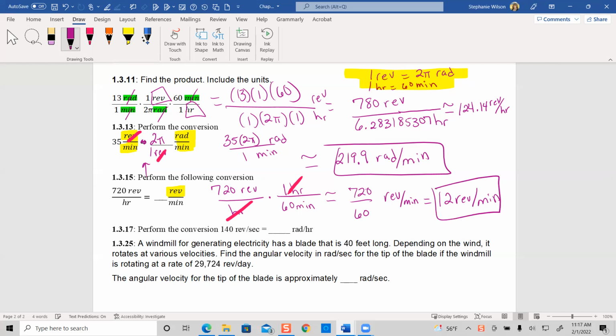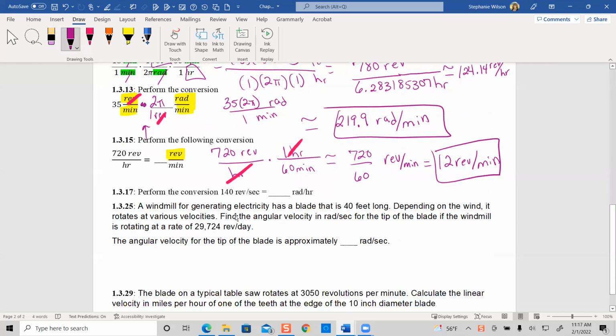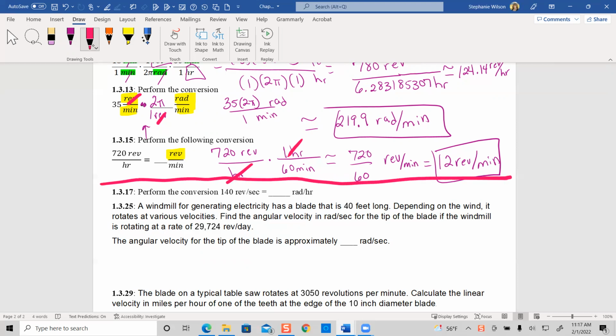All right, so let's look at the next one, and I apologize, I didn't give myself a lot of room to write on here. On this next one, the 140 revolutions per second, we're going to go to radians per hour. So we're going to have to do some work. Let me just draw a line here and see if I can separate and give myself some space.